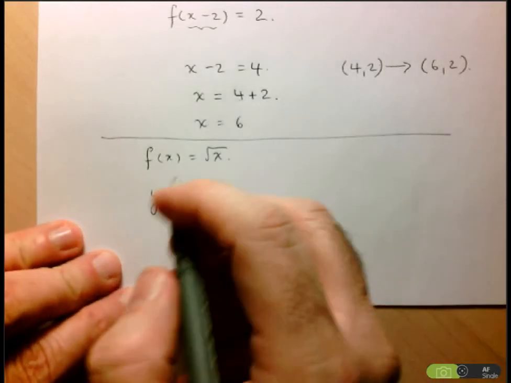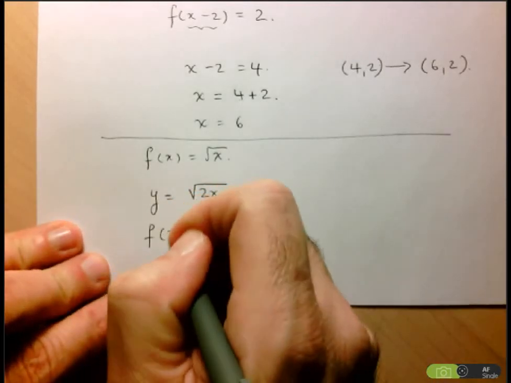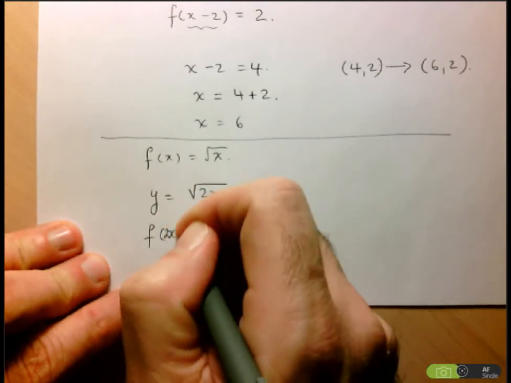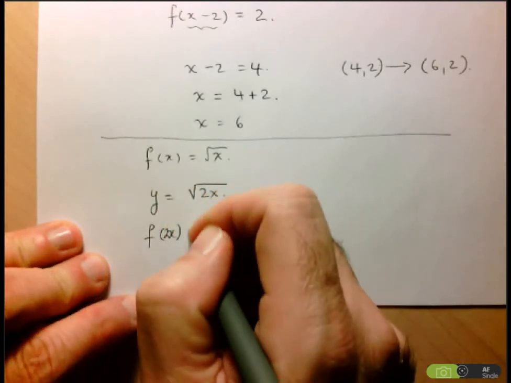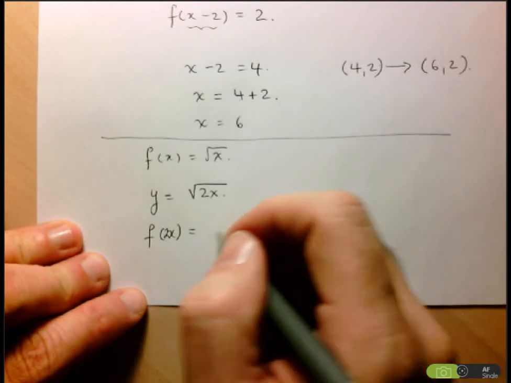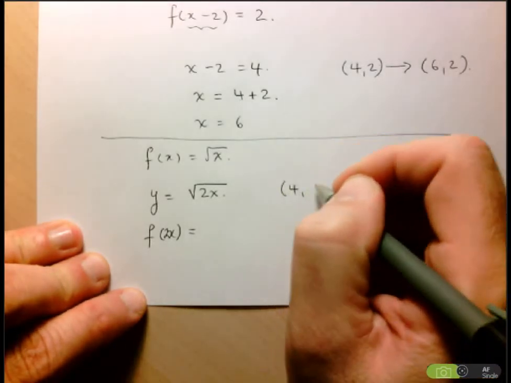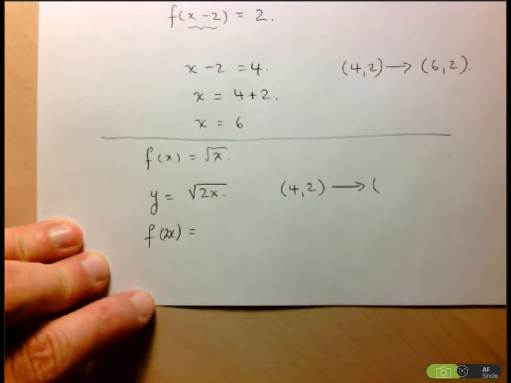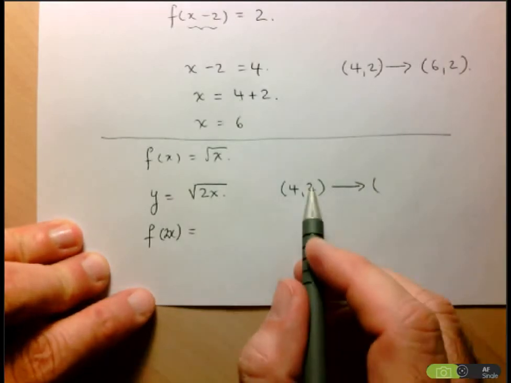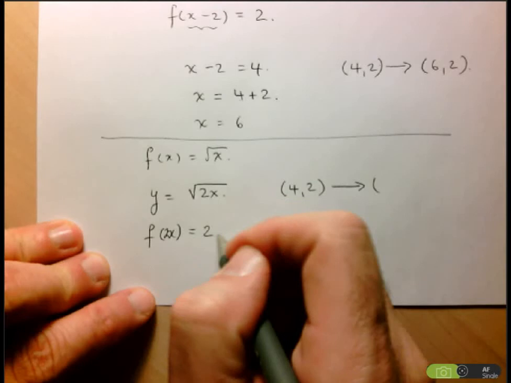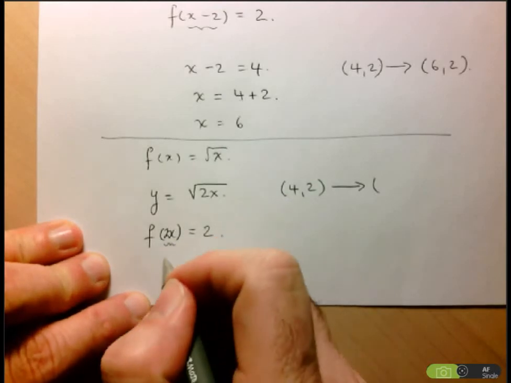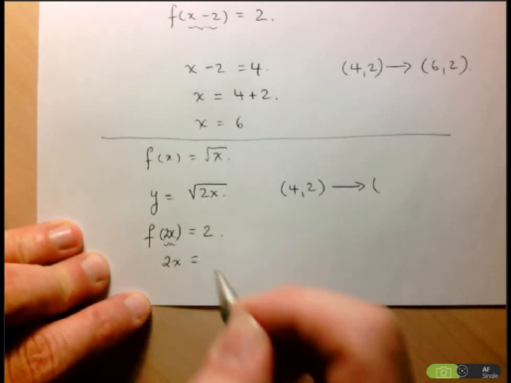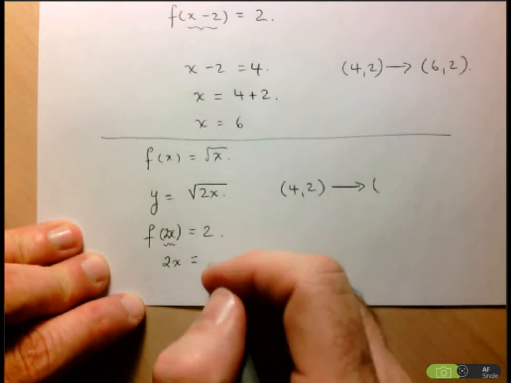But again, if I take algebraically first, say f at 2x, and say again we start with the point (4, 2), and I want to know what that gets transformed to. If I want to keep the y value constant, that means this input here, 2x, needs to be equal to 4.